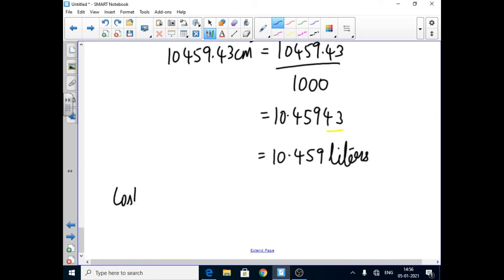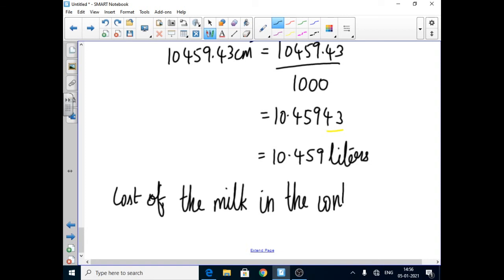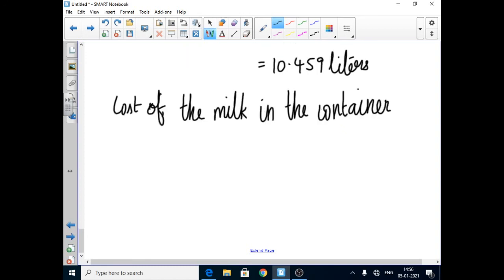So cost of the milk in the container is equal to 10.459 into 40.